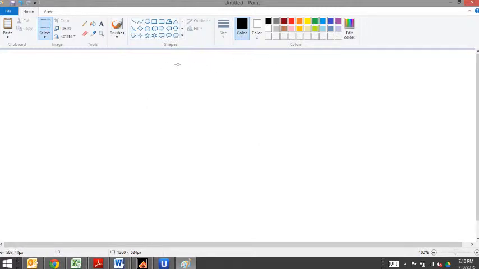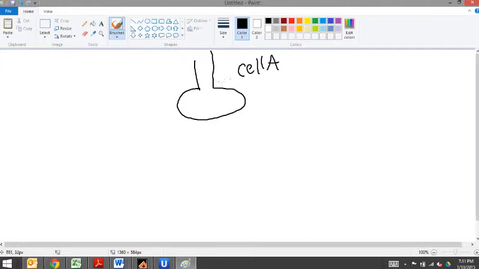So just to illustrate this, you would have, oh goodness, here you'd have a neuron. This would be, as you called it, cell A, and this would be the presynaptic terminal.